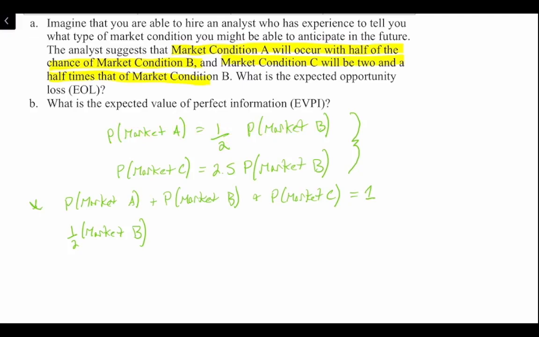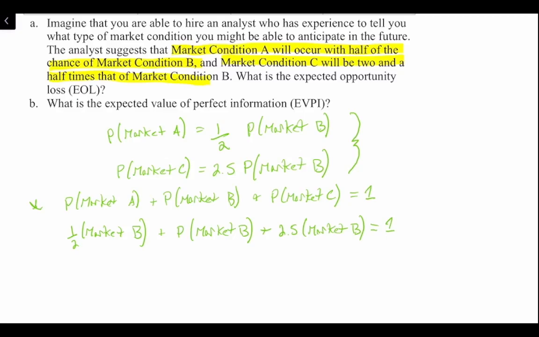Then we have market B plus the probability of market B. And our question told us that market C was equal to 2.5 times market B. So this just means that 2.5 times market B is equal to market C, which then all adds up to 1.